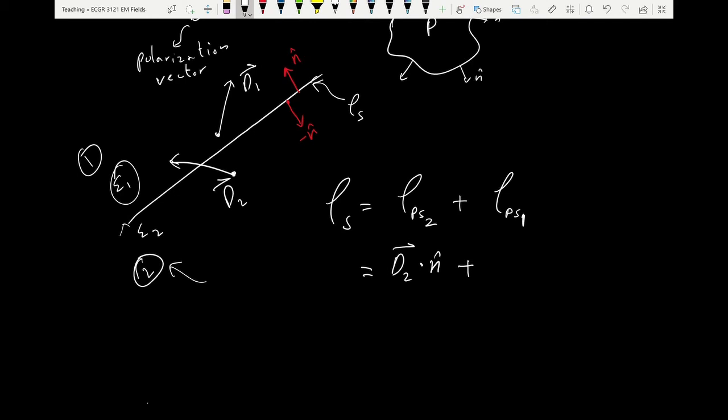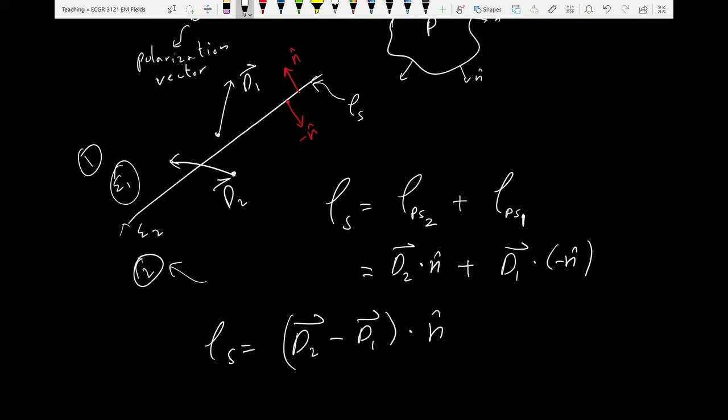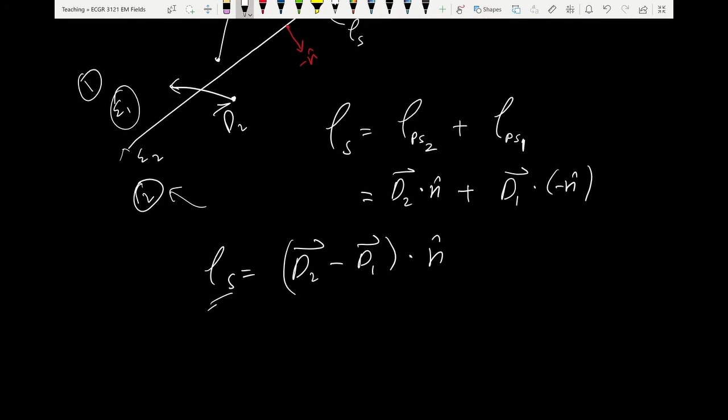So surface charge density due to material 1 is going to be d1 dot minus n hat, right? So I can do some manipulation. So rho s, right? I can take the minus out, so I end up with d2 minus d1 dot n hat is the surface charge density.